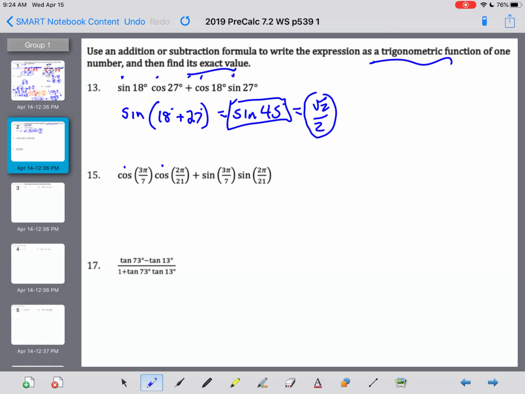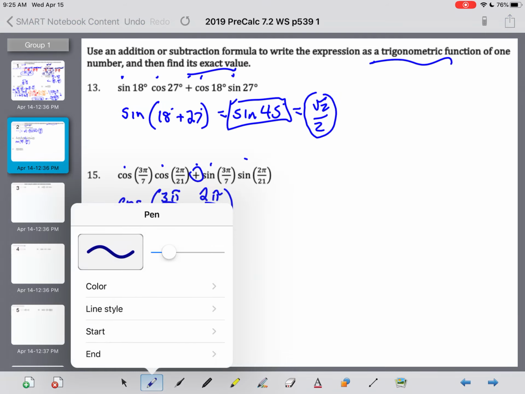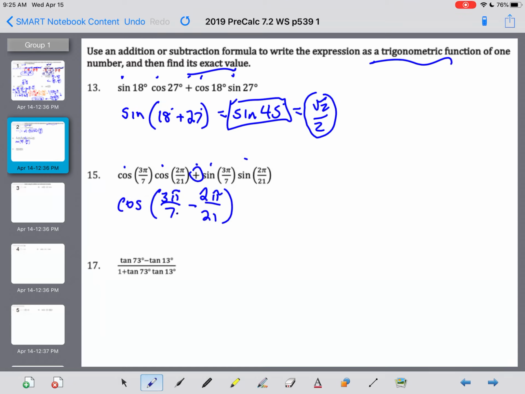Now here looking at cosine plus sine, so this is going to be my cosine subtraction because of the formula. So this is going to be 3 pi over 7 minus 2 pi over 21. Now I've got to do a little fancy work here. I've got to get a common denominator so I can get these combined.